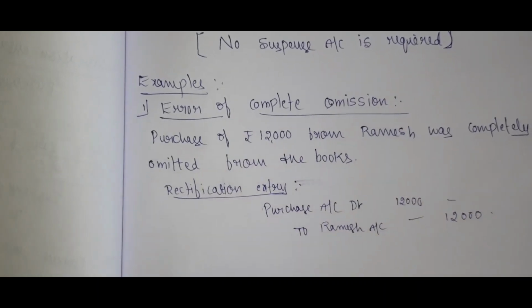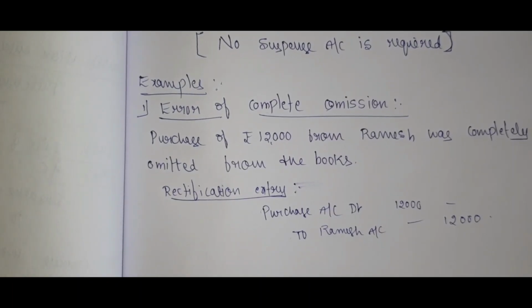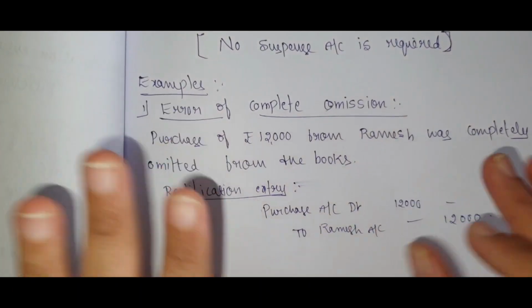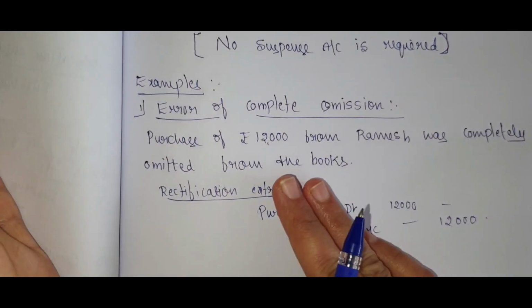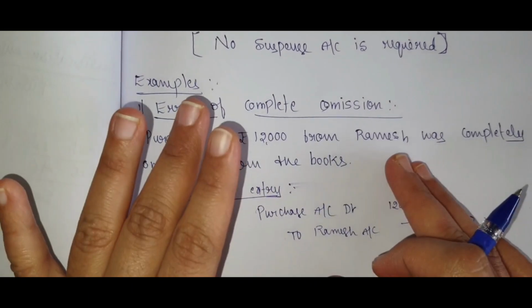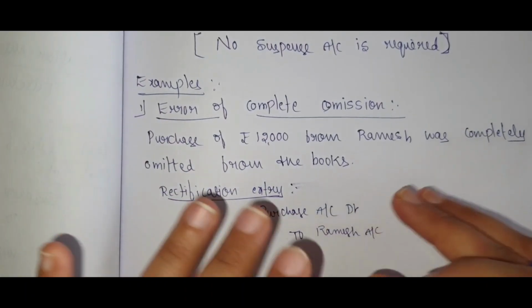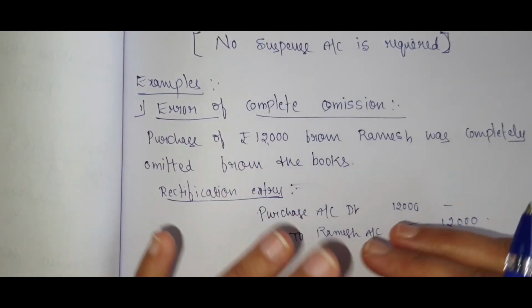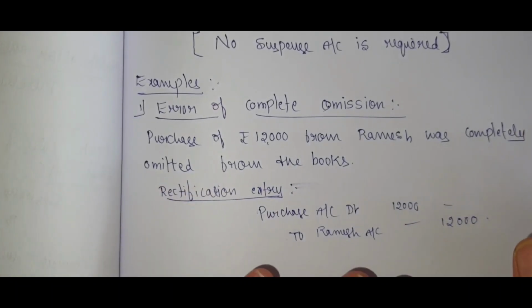And write down the narration: being purchase previously omitted, now recorded. So this is the rectification entry in the case of error of complete omission, where the transaction is not recorded at all. I hope this is clear to you all.